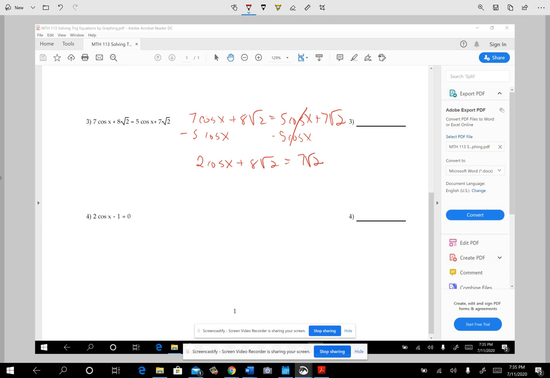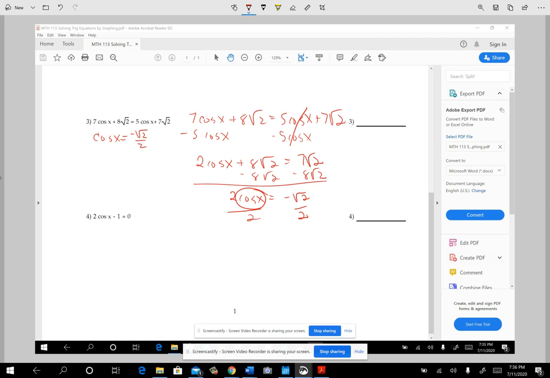All right, now let me move the 8 square root of 2 out of the way. And I'm going to get 2 cosine x equals negative 1 square root of 2. And you see, I want to get cosine x isolated. So I'm going to divide by 2. And so that problem really turns into cosine x equals negative square root of 2 over 2.